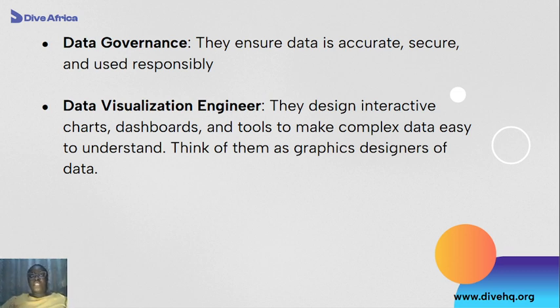So, as a data governance officer, your responsibility is to make sure that the data being provided is accurate, secure, and used responsibly, because a lot of times you are privy to first-hand, very confidential and sensitive data of people.